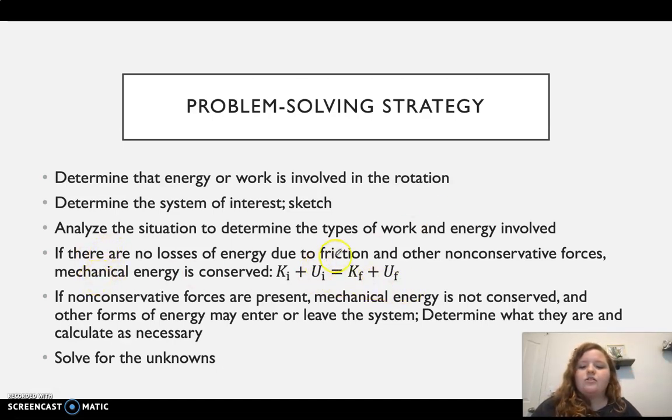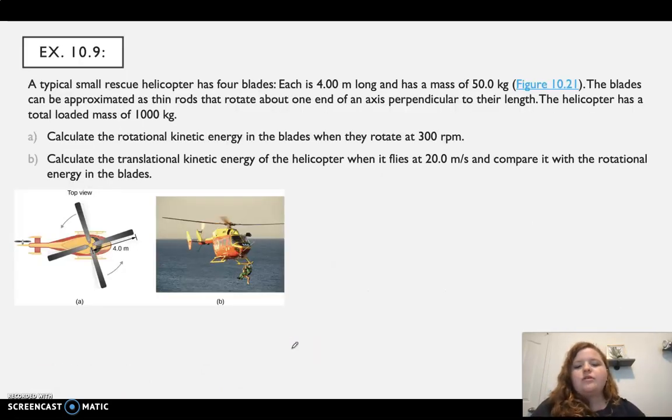If there's no loss due to any kind of friction or any non-conservative forces, then we say that mechanical energy is conserved. So we can say that K sub i plus U sub i is equal to K sub f plus U sub f. And then solve for your unknowns. So let's do an example of this.